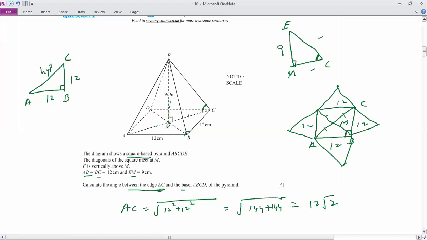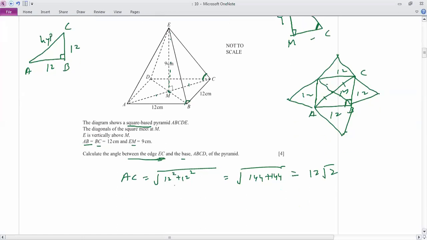MC will be half of AC because I told you diagonals bisect each other. So if M is the midpoint, obviously. So what will be MC? MC in this case will be 12 square root 2 over 2. It will be half of the total AC. That is going to be 6 square root 2. Now I have this one. This one is 6 square root 2.